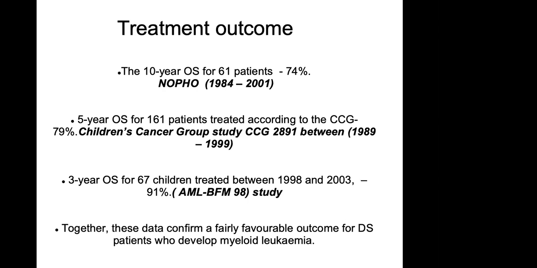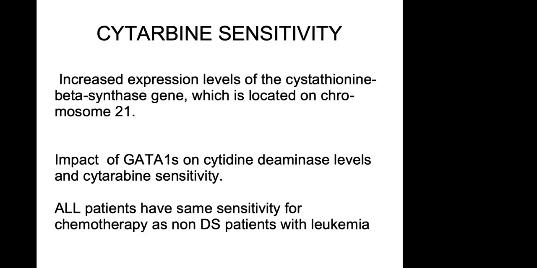The 3-year OS for 67 children treated with AML-BFM 98 is 91%. Together these data confirm a favorable outcome for Down syndrome patients who develop myeloid leukemias. Why?